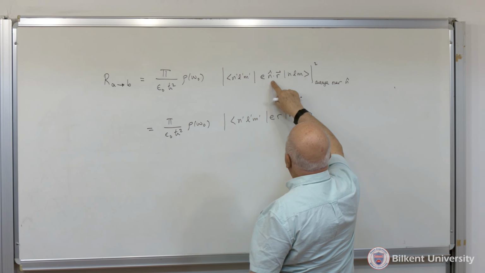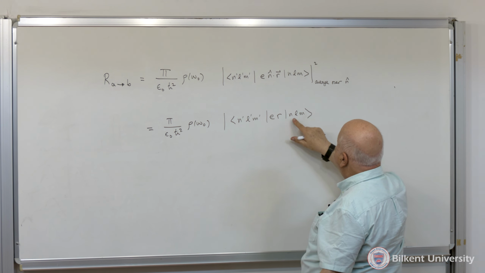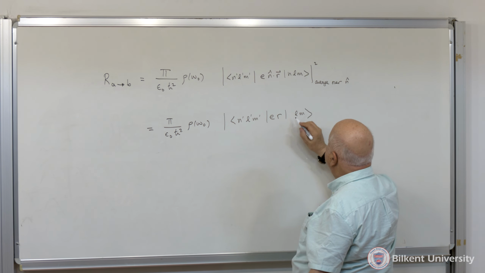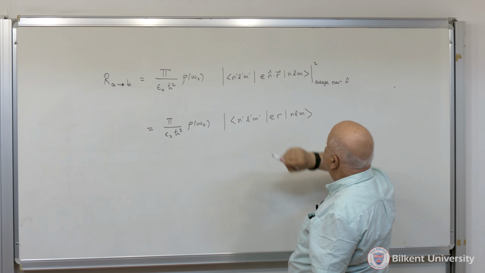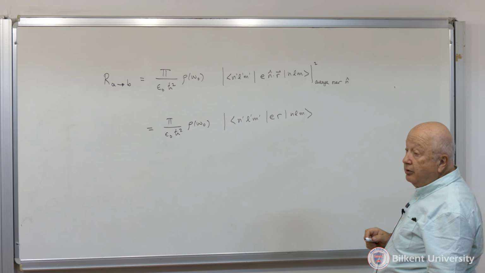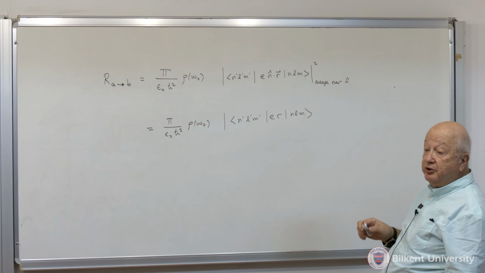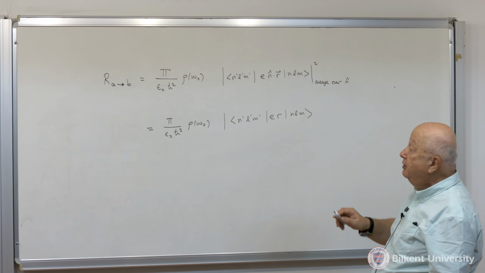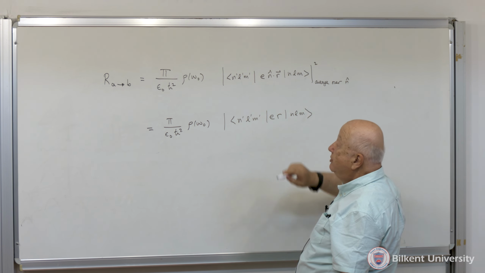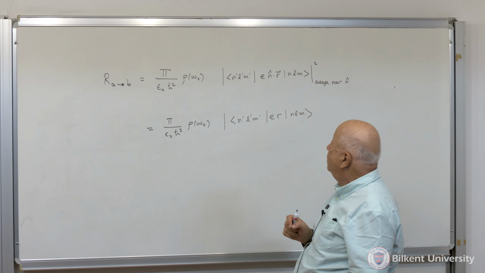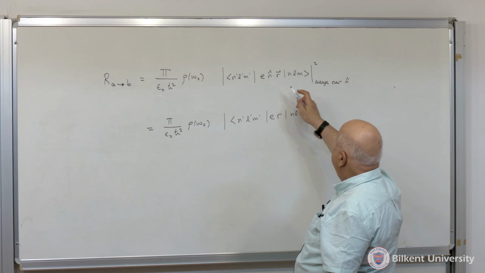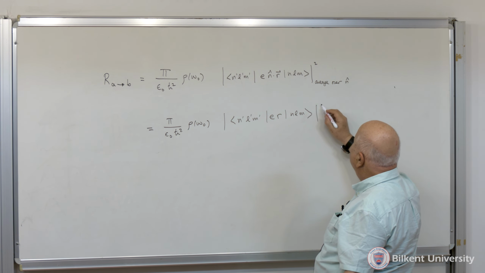This is the unit vector in the direction of polarization of the electric field. r is the direction of the position of the electron, and there's a cosine theta factor here.